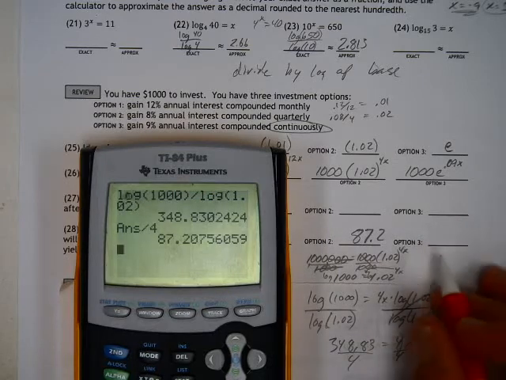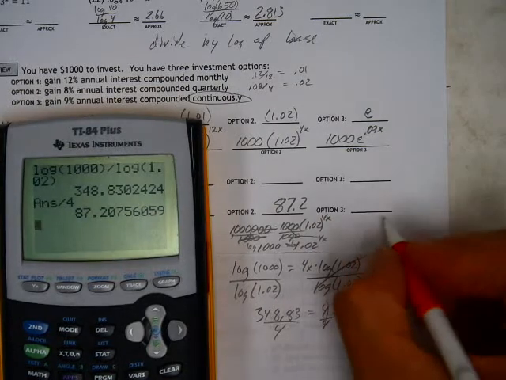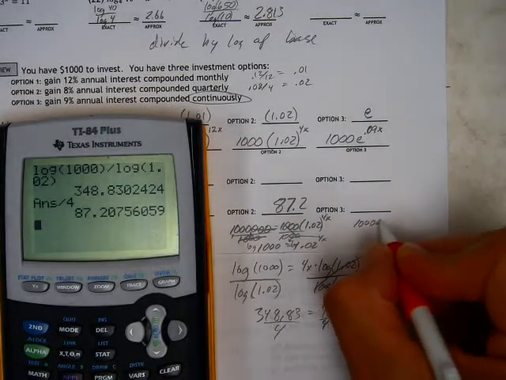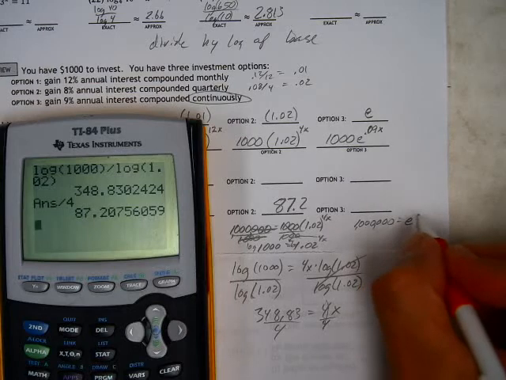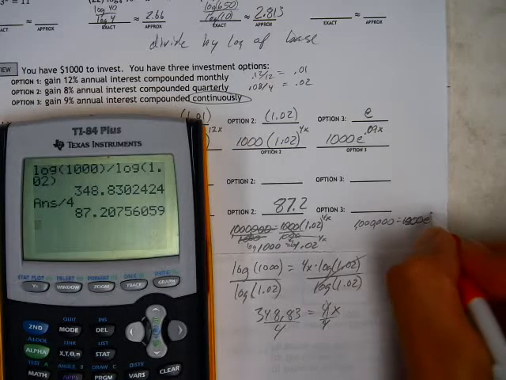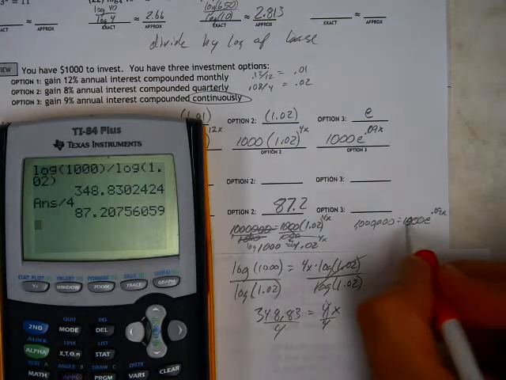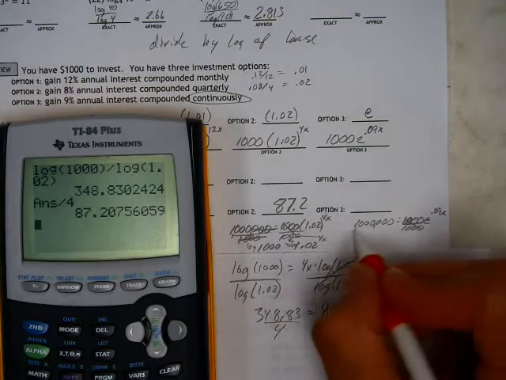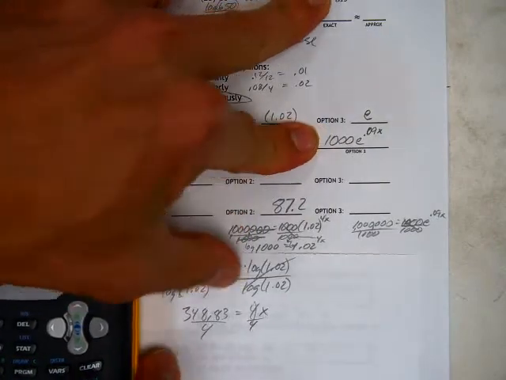When you look at option 3, you're dealing with a base of e, okay? Now, when you do a base of e and you're doing the same $1 million growth deal, you want to do the natural log, because the natural log of e is going to, oops, 1,000, sorry. Talking and teaching, it's hard. Okay. So we're going to divide by 1,000 first, same way we started the other one.